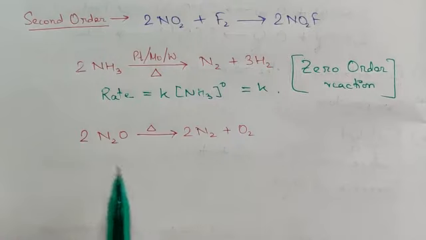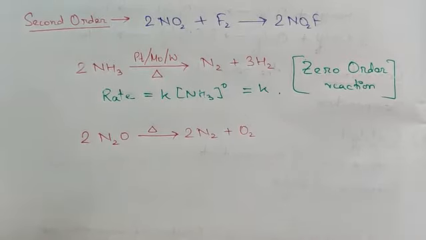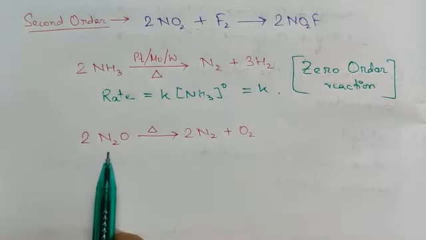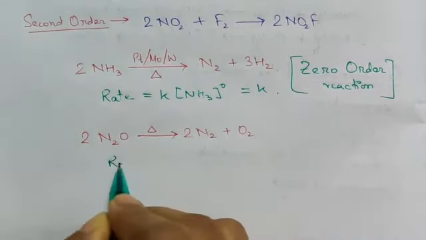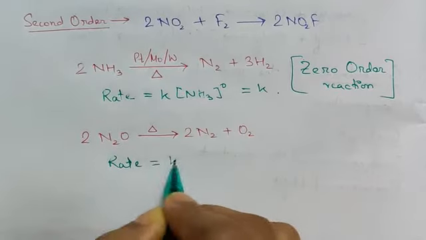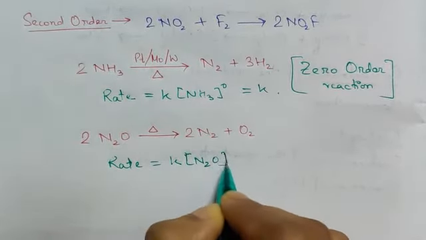If we take a different example, let's take a first order example. See, for the decomposition of nitrous oxide at very high temperature, from the theoretical value it is expected to be a second order reaction. But what happens experimentally? It depends only on the concentration of the reactant. So we can write that rate is equal to rate constant times the concentration of N2O only.